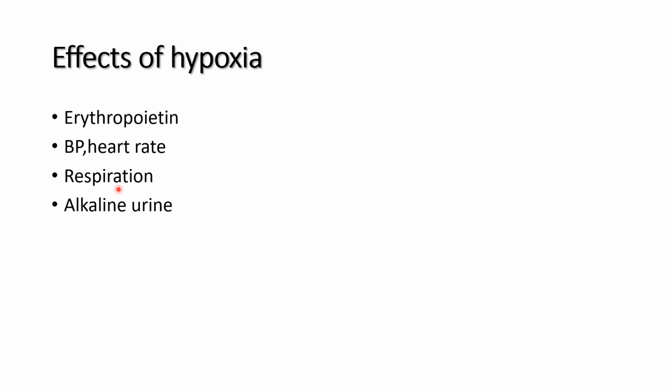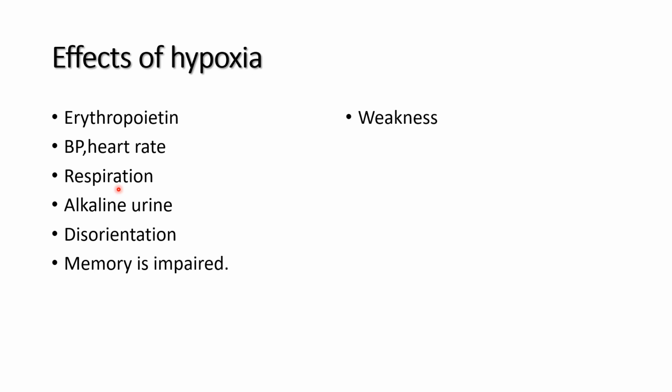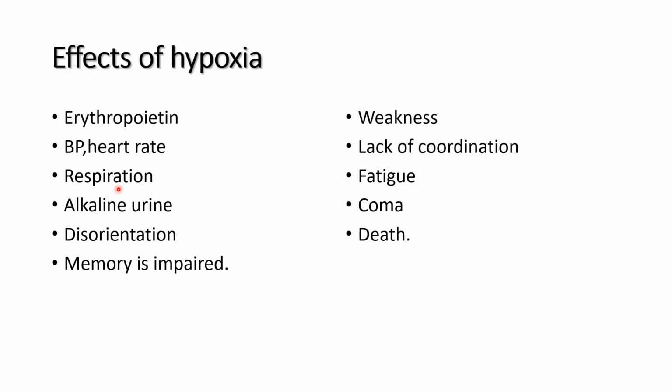Urine is alkaline in nature. Nausea and vomiting are present as GI symptoms. Disorientation is very common in hypoxia, and memory is impaired, with weakness, muscle fatigue, lack of coordination, and coma. If not treated properly, it will lead to death.